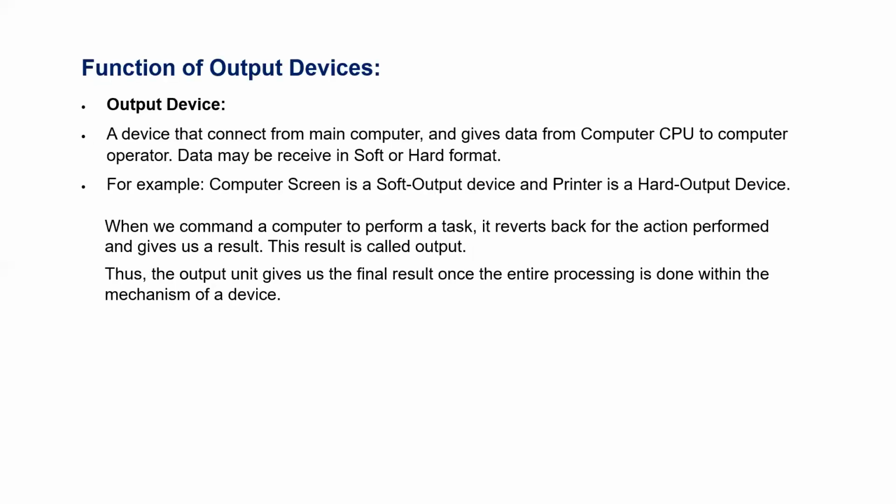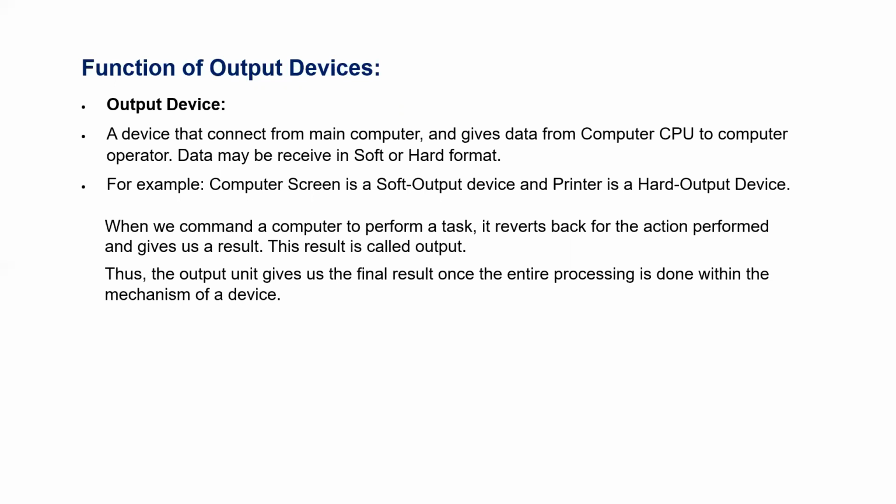Next we will go to the functions of output devices. Output devices connect to the main computer and give the data from the computer CPU to computer operators. The data may be received in soft or hard formats. For example, the computer screen is a soft output device where we can observe the data, and the printer is a hard output device where we receive printouts.